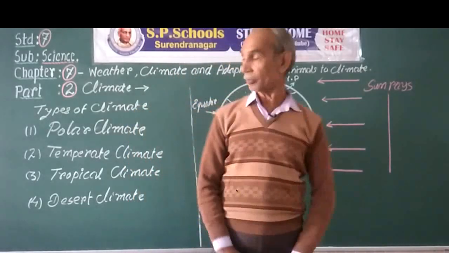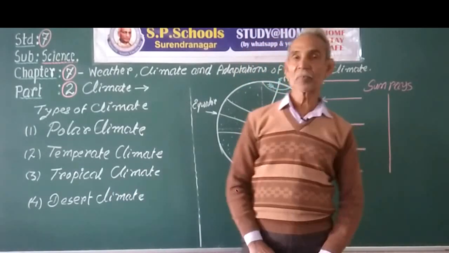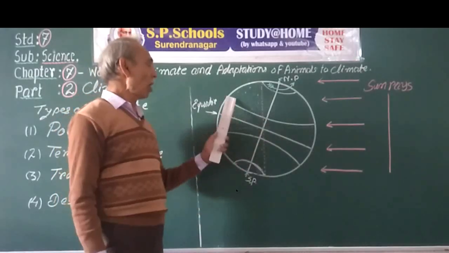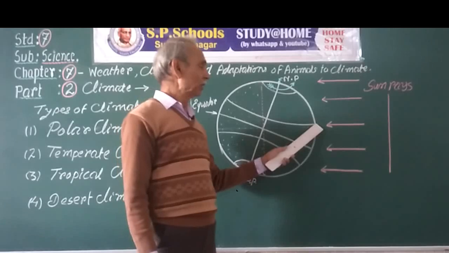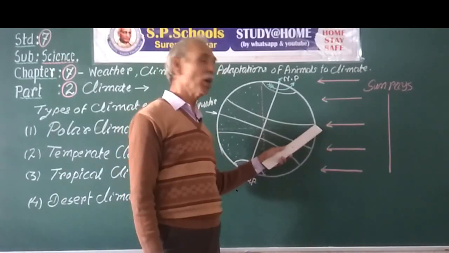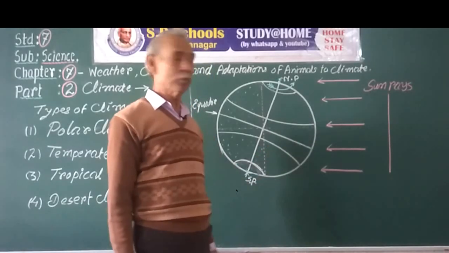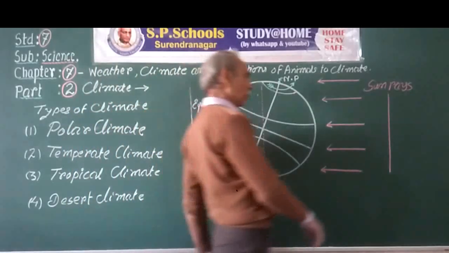Now, tropical climate. On the earth, the sun comes exactly overhead in the tropics.